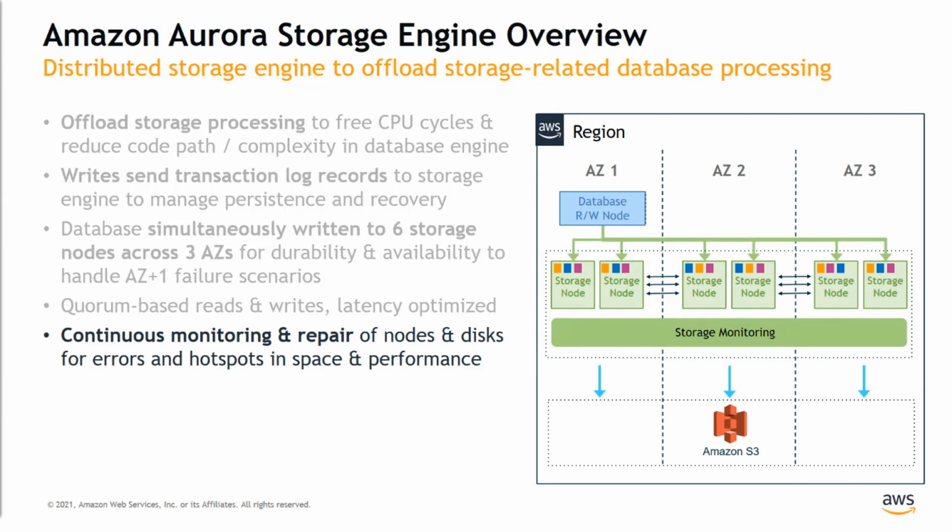As we talked about earlier, when it comes to availability, it's super critical to have continuous monitoring and repair. As our CTO likes to say, things fail. They fail all the time.